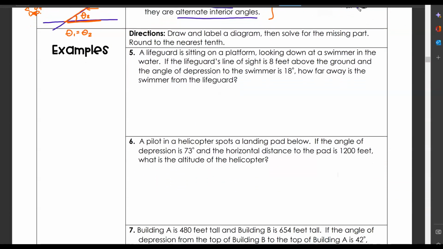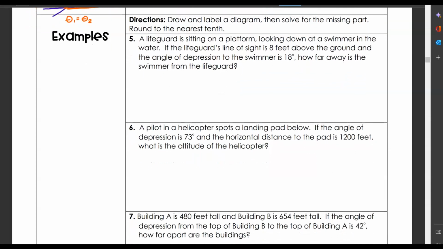All right, let's take a look at this. It says directions: draw and label a diagram, then solve for the missing part, round to the nearest tenth. So we're going to keep rounding to the tenth here. A lifeguard, this goes back to that picture up there, is sitting at the platform looking down at a swimmer in the water.